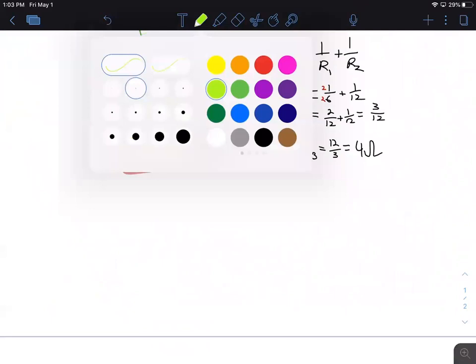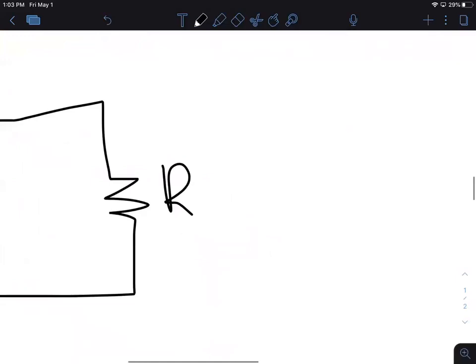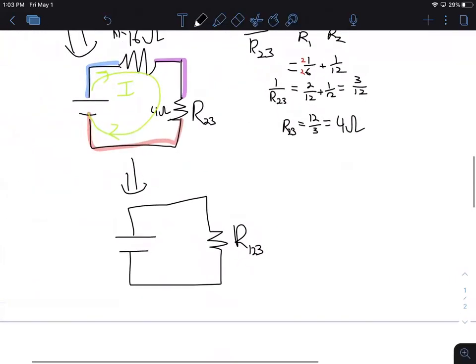Great. So I can just say this was still R1. This is some equivalent, and this is a combination of resistors 1, 2, and 3, so we could label it like that.